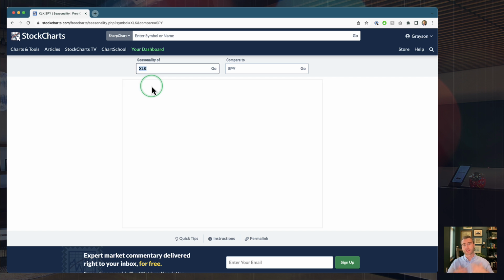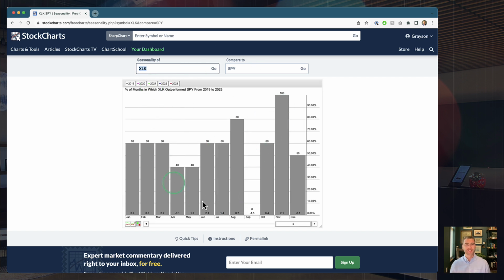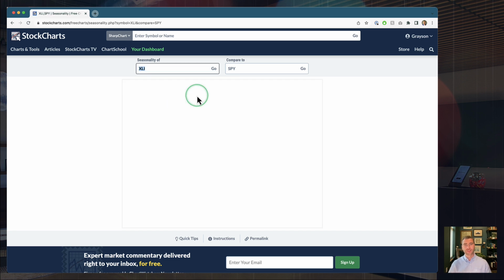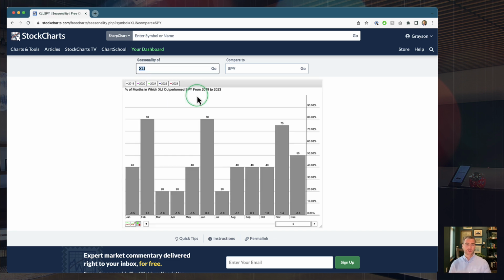If we look at something like XLK, this is going to have a little bit more outperformance than XLE, but we can look at things like industrials and see different relative views from a seasonal perspective over the past couple of years, whatever we want to make it. So a couple of different things that you can do with these seasonality charts, and again, all intended to bring a little bit more context to your analysis.